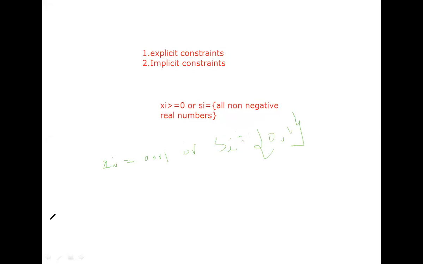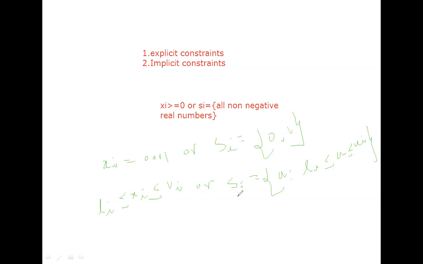If you have lower bound and upper bound values, that is Li less than or equal to xi less than or equal to Ui, or you consider Si equal to a variable A which has values Li less than or equal to A less than or equal to Ui. So this is the explicit constraint.